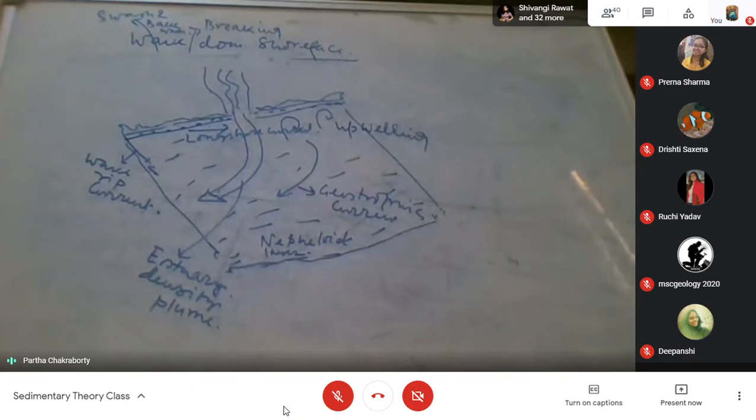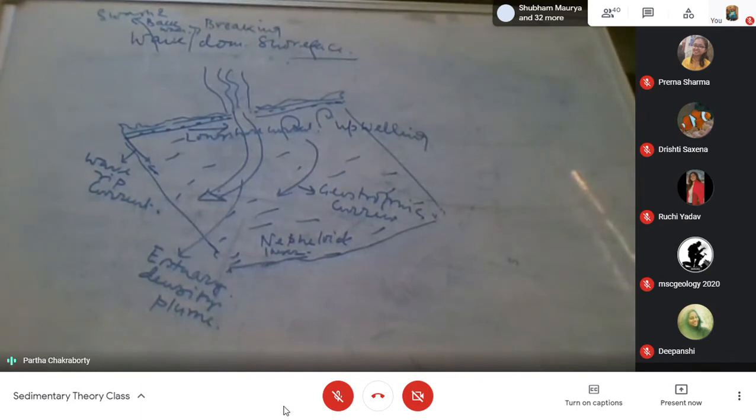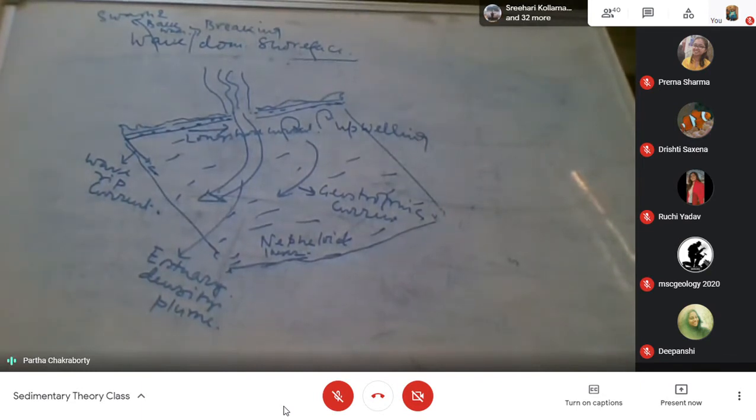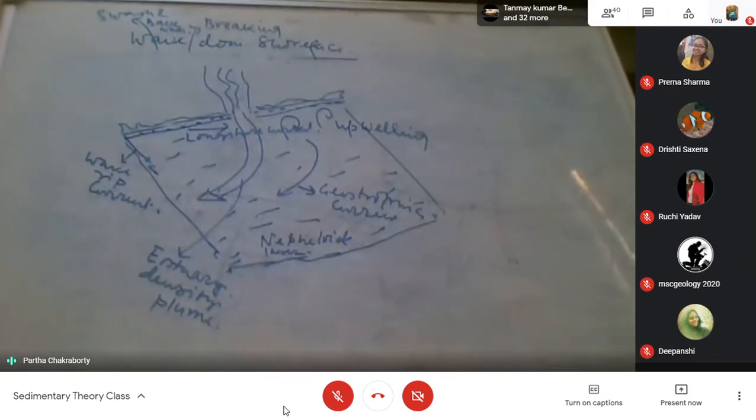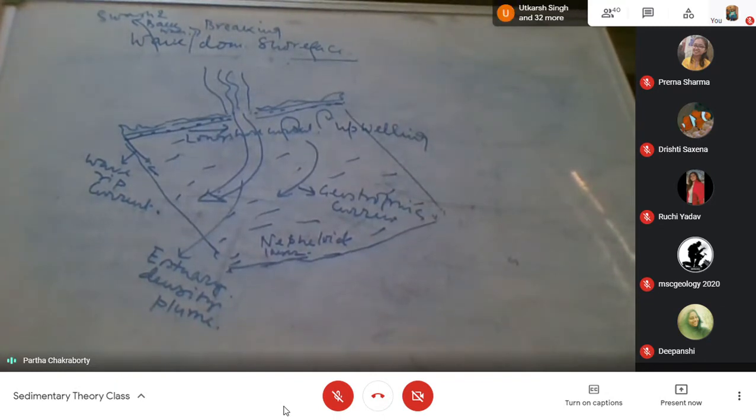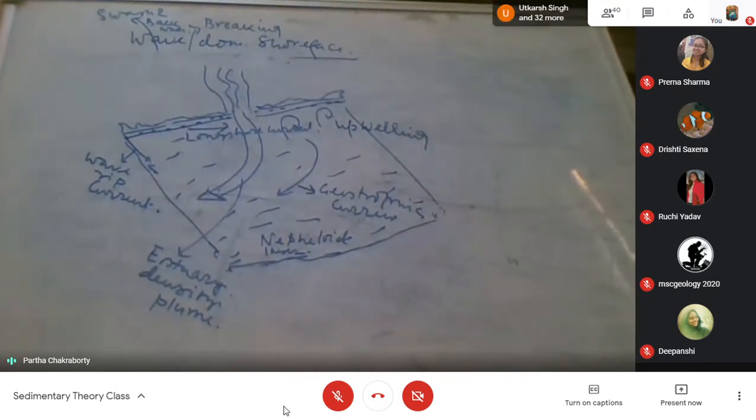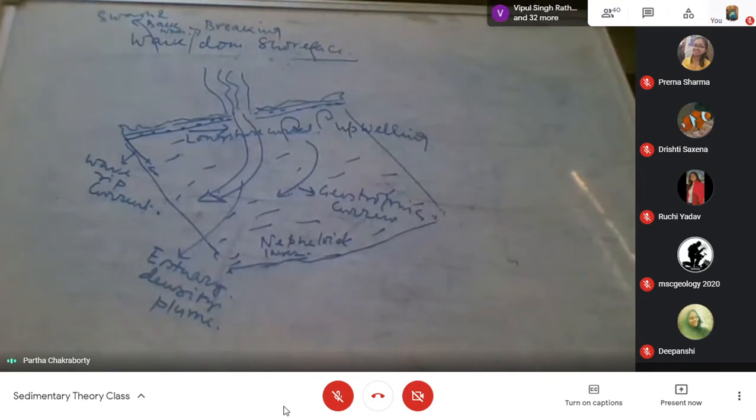Major, what I told, is the storm. It causes the upwelling, it causes the return flow, and it causes the geostrophic current. Then there is another, the high flood stages, when the river water and the estuarine water may supply the sediment onto the shelf, either as a surface layer, called nepheloid layer, or as a density current in the form of density plume. And the third is the wave that may cause some rip channel to be formed.